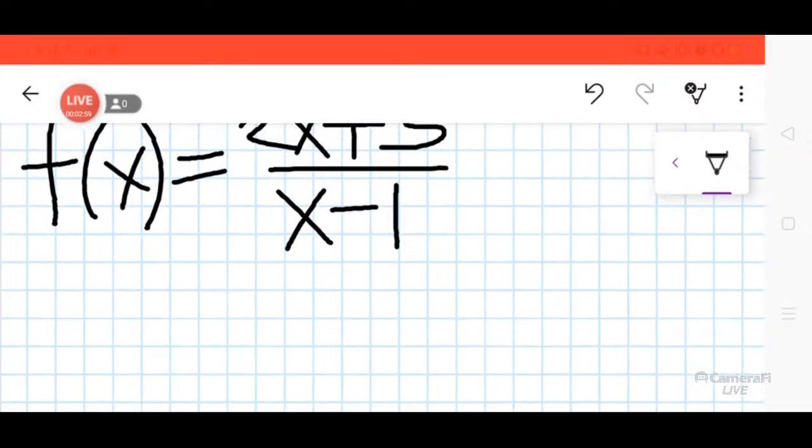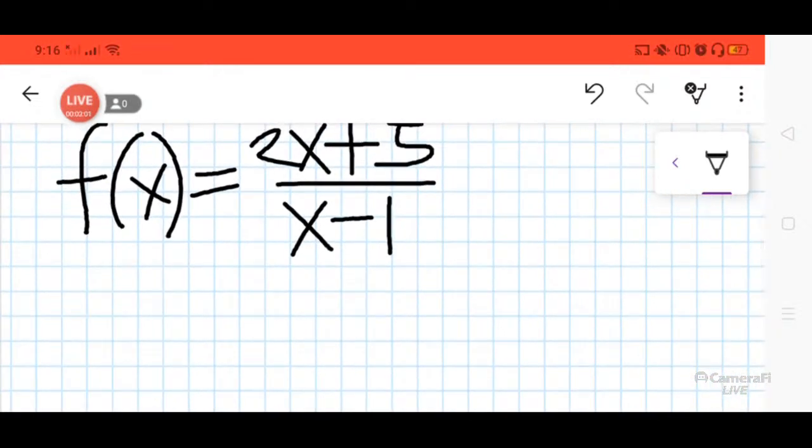As you can see, the denominator here is x minus 1.